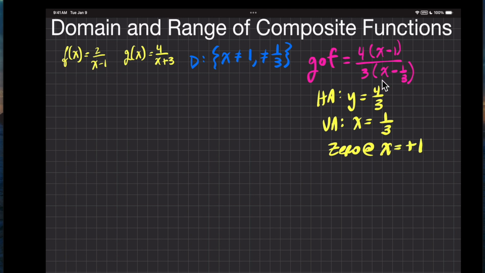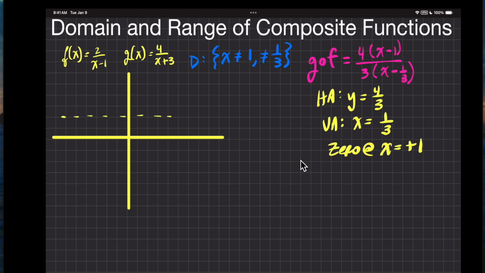Okay. We're going to go ahead and start plotting our graph, and then we're going to use a sign analysis of the function to help us fill in the gaps. Here is our horizontal asymptote at y equals 4 over 3.